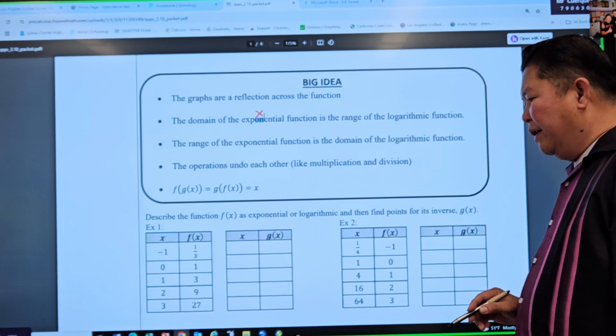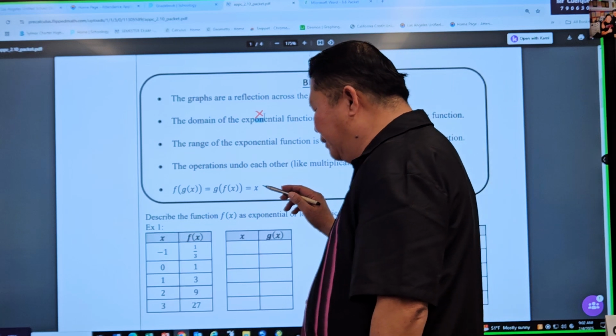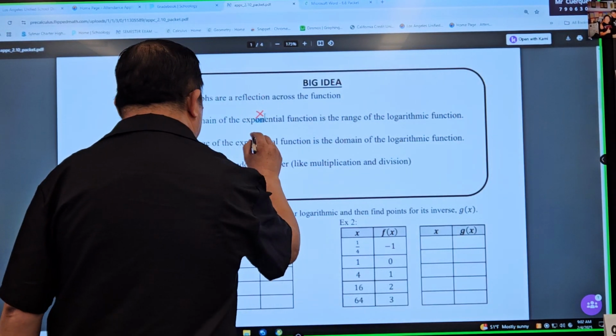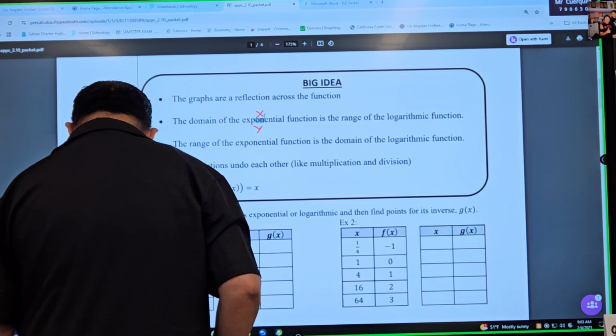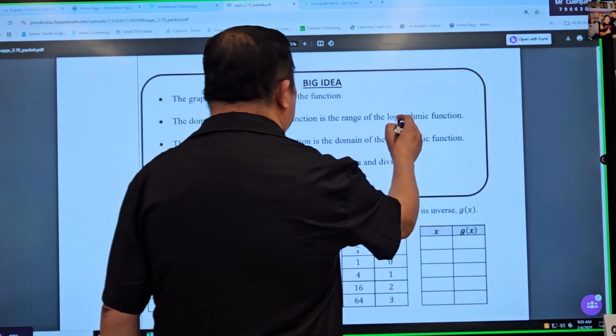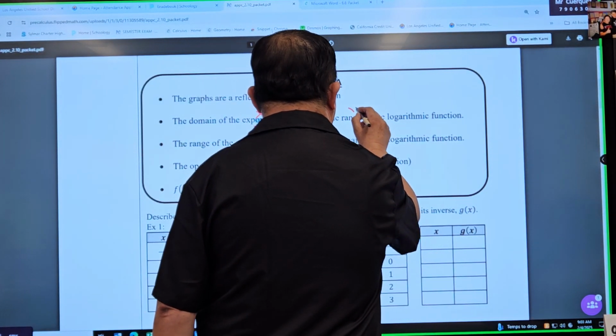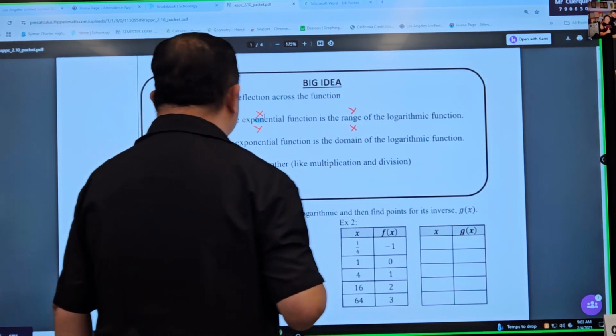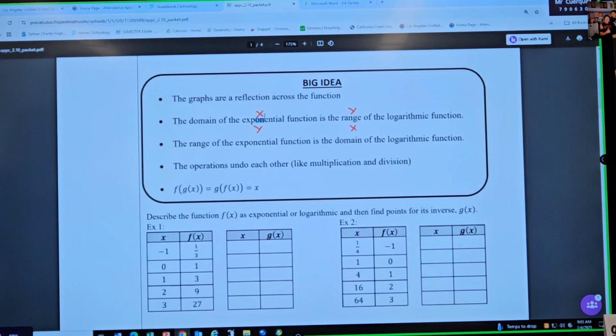So we say X and then the Y, and this means the Y. So the domain of the exponential function is the range.